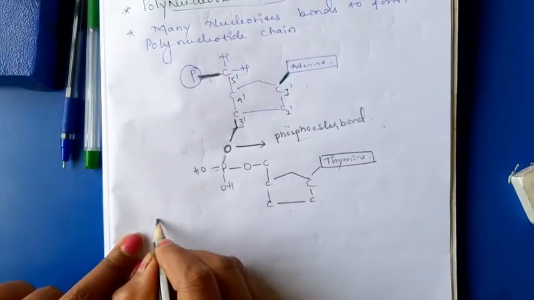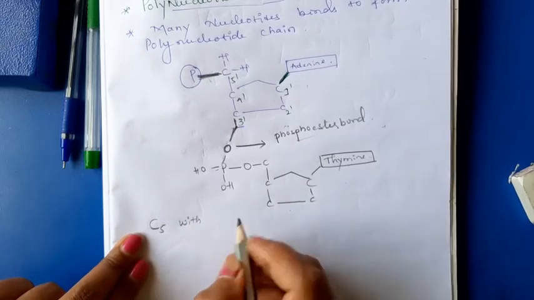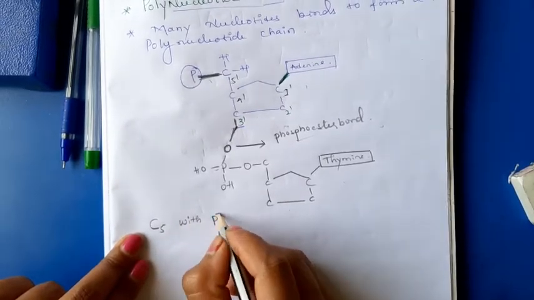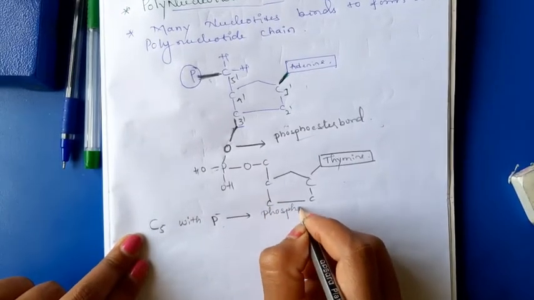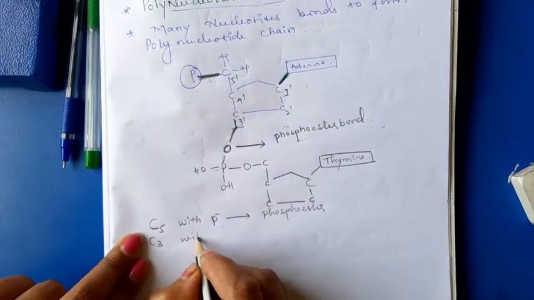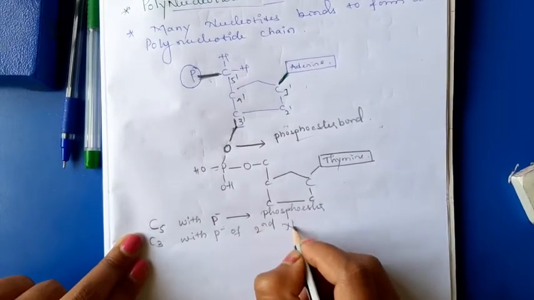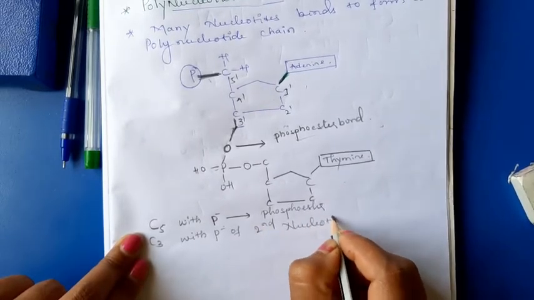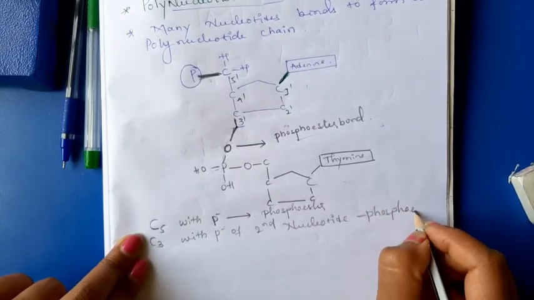Here C5 with phosphate, phosphoester, then C3 with phosphate of second nucleotide is phosphoester.